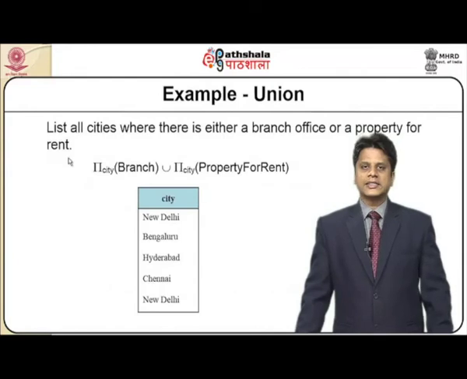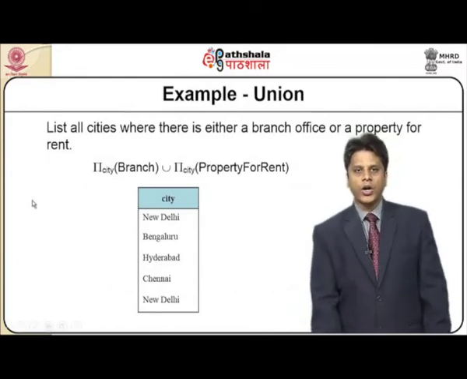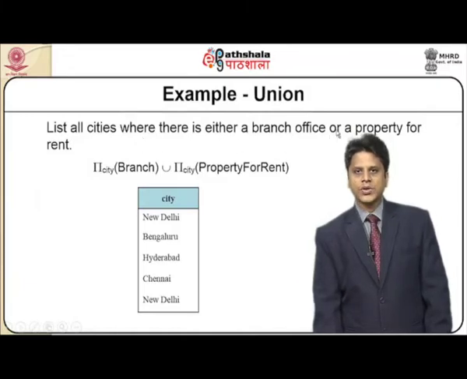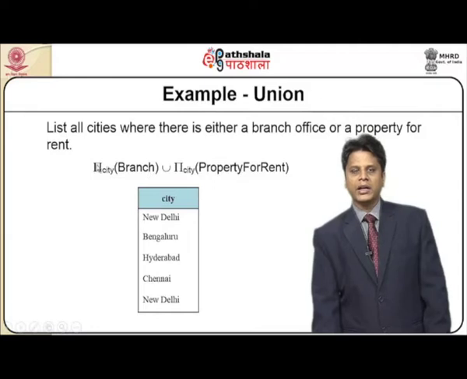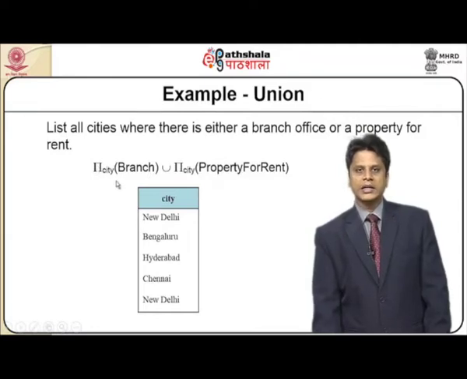Here I have highlighted an example for union, where I want to list all cities where there is either a branch office or a property for rent. So, I would convert this query appropriately. There are two tables, branch and property for rent, from which I have to highlight only city as an attribute, which should be unioned.